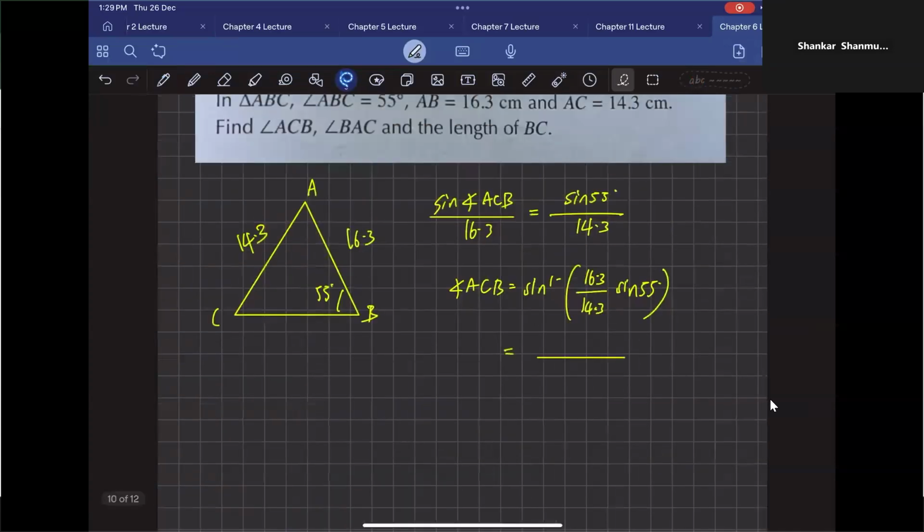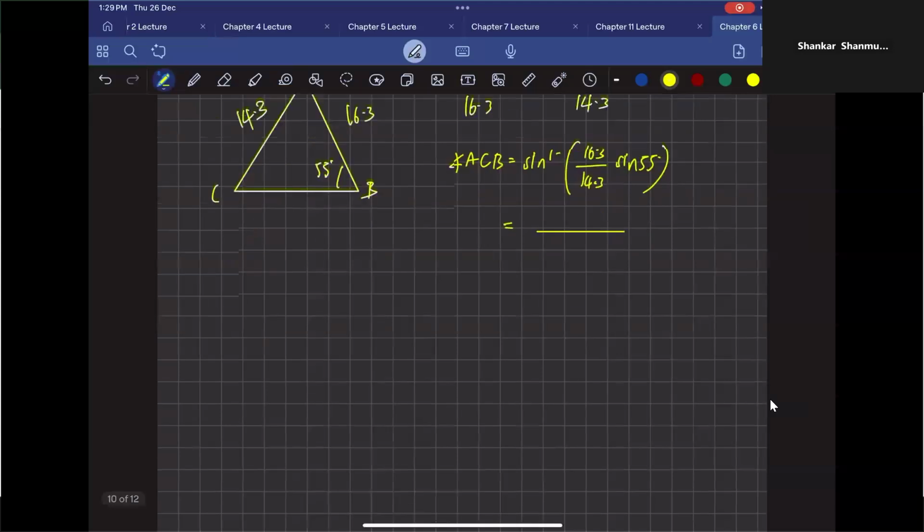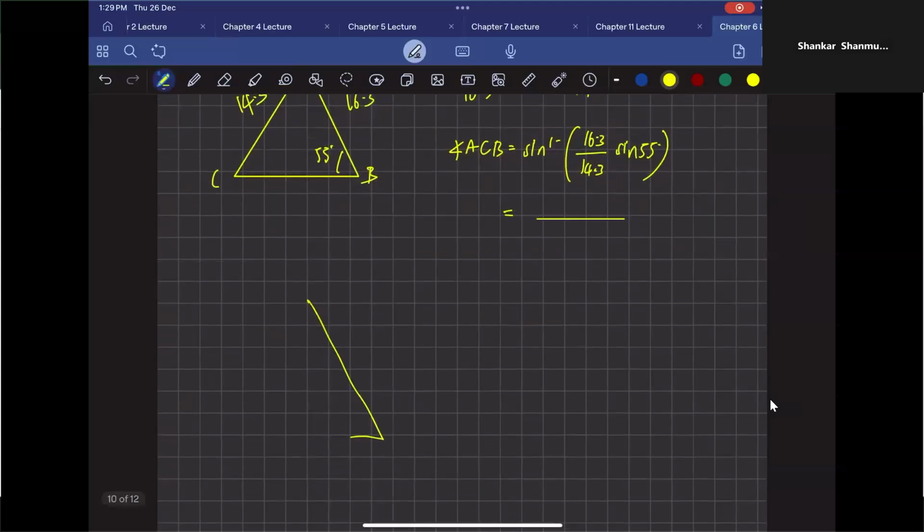So why is this an ambiguous case? It is because you can also draw your triangle like this. Again, it's the same triangle, just that in this case your ABC looks something like this.